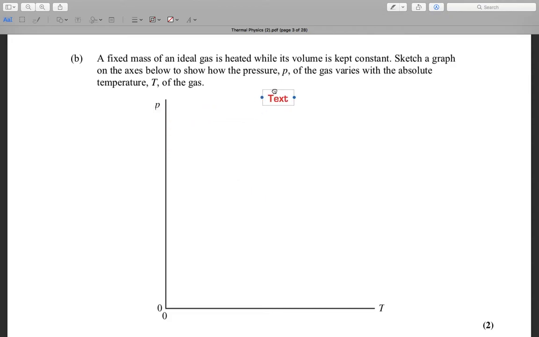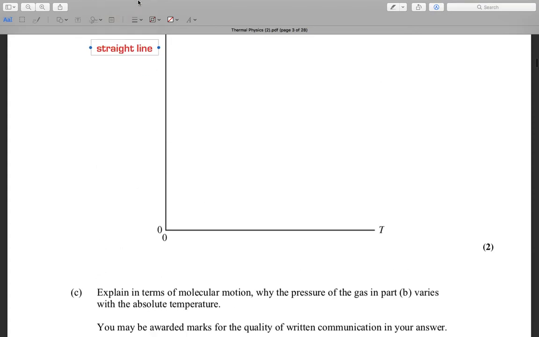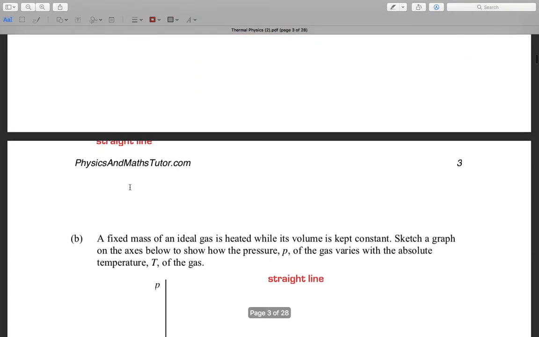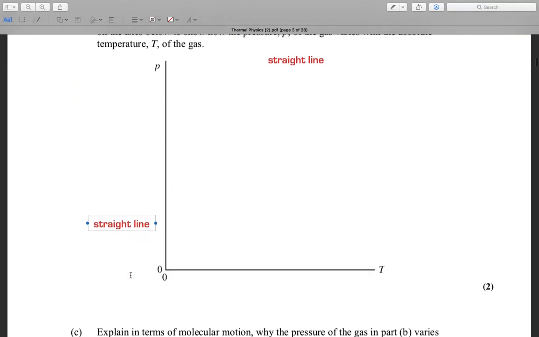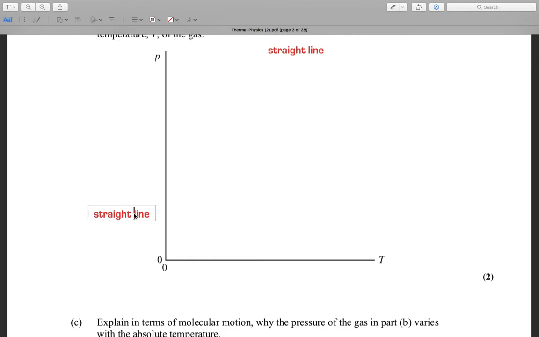The graph must be a straight line through the origin.